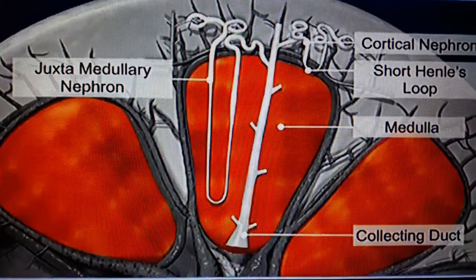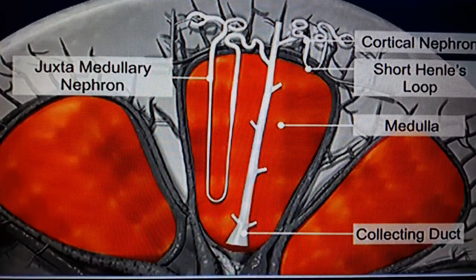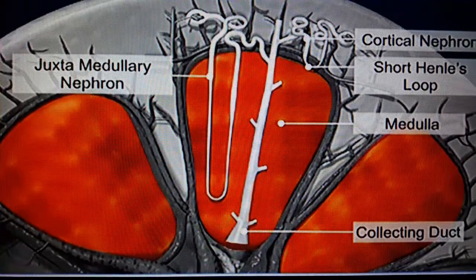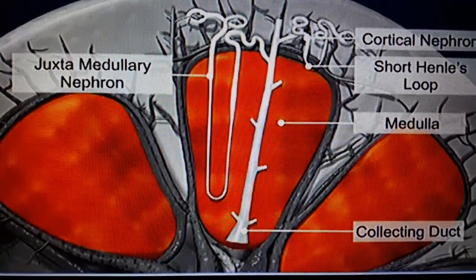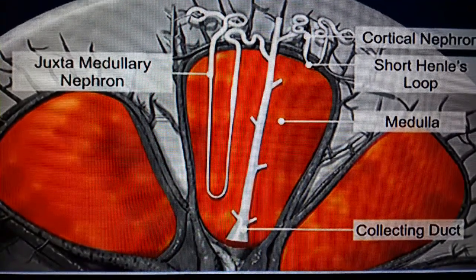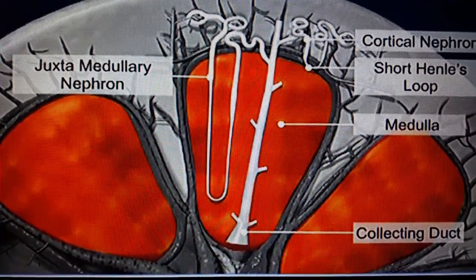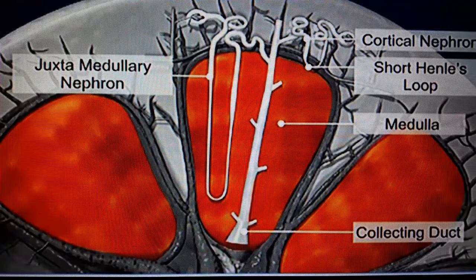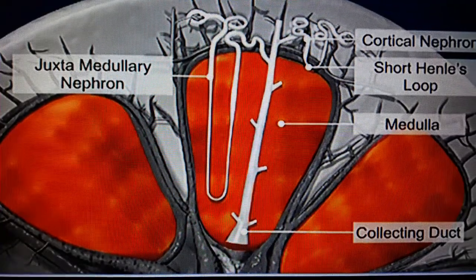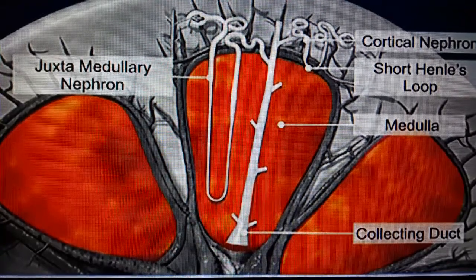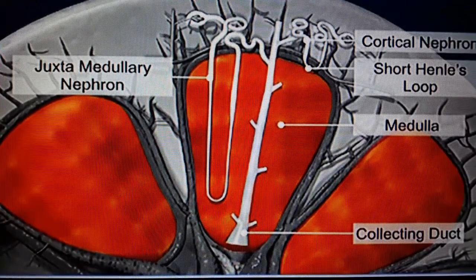Second, loop of Henle: flattened cuboidal epithelium with sparse microvilli and mitochondria. Mainly reabsorption of salt and water; earlier we discussed water and sodium chloride. Third is the distal nephron, the distal convoluted tubule and collecting duct, both with cuboidal epithelial cells.